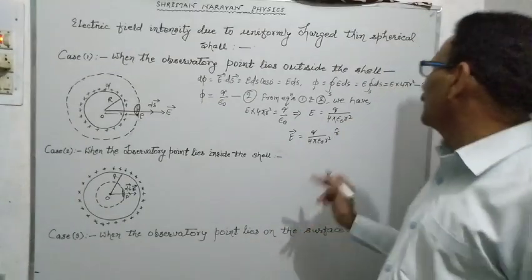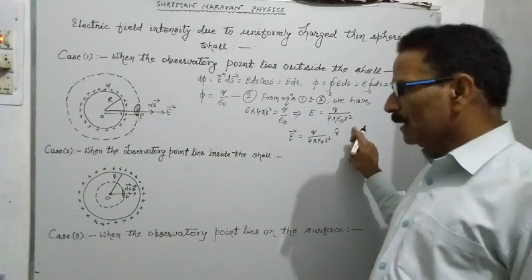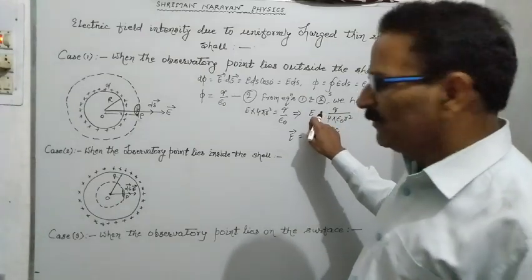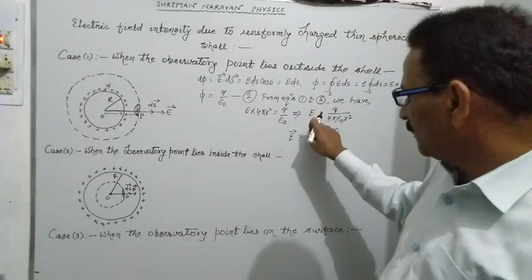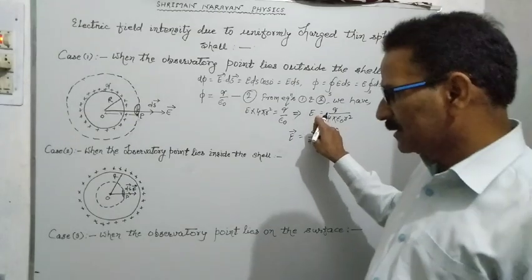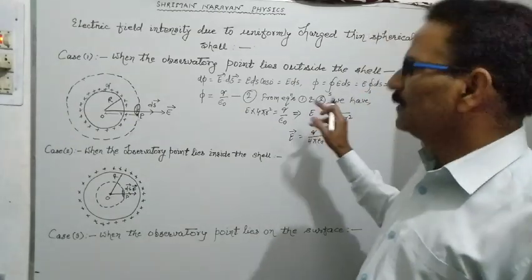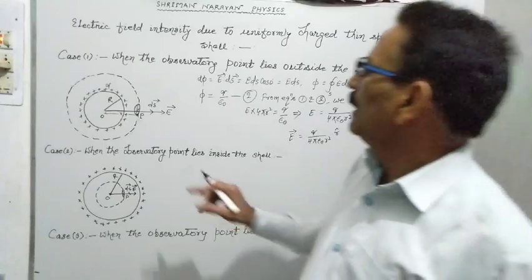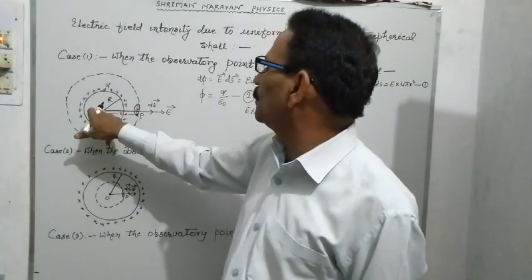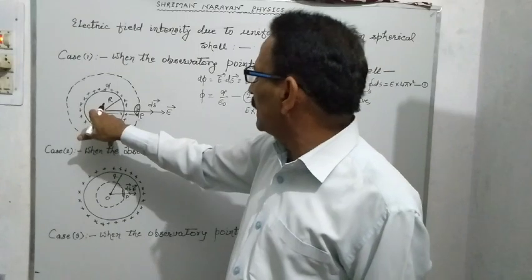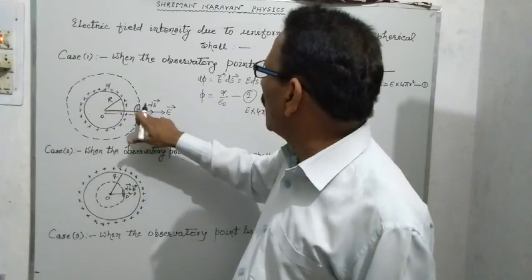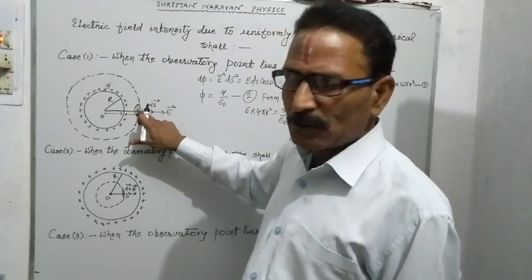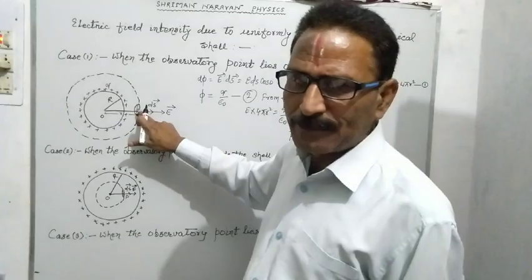Now if we think about this relation, we come to the general conclusion that the formula for electric field intensity comes exactly in the same way as that of a point charge. Imagine a point charge plus q is located at the point O. So the electric field intensity at a distance small r, that is at the point P, will also be q by 4 pi epsilon naught times r square.